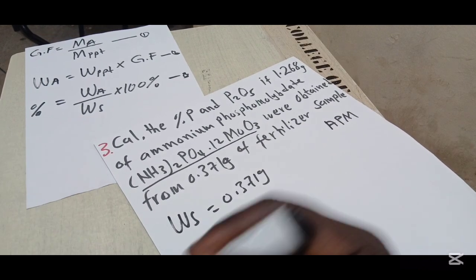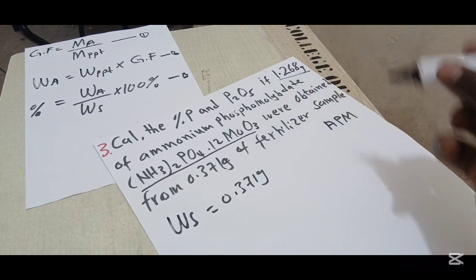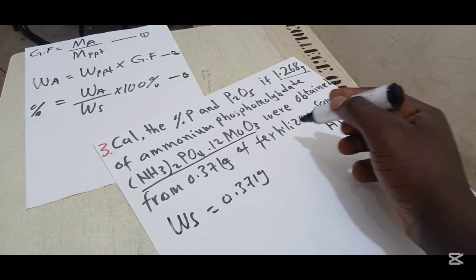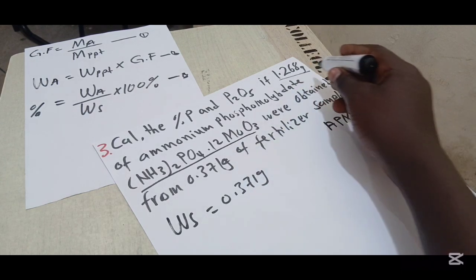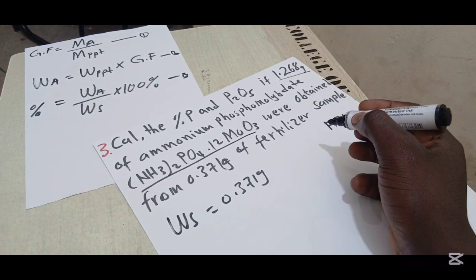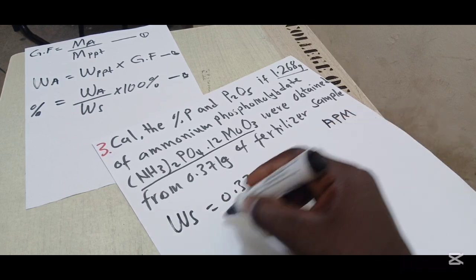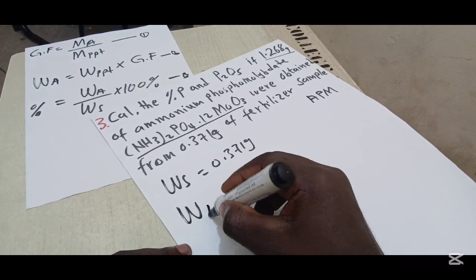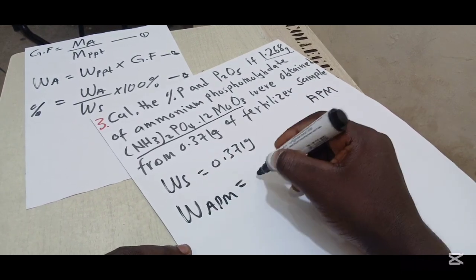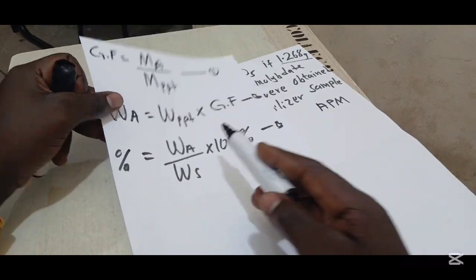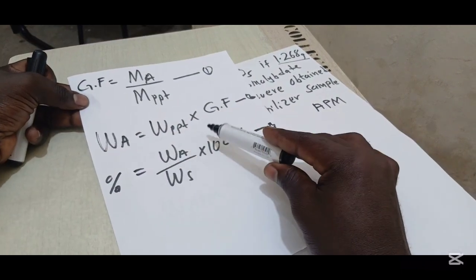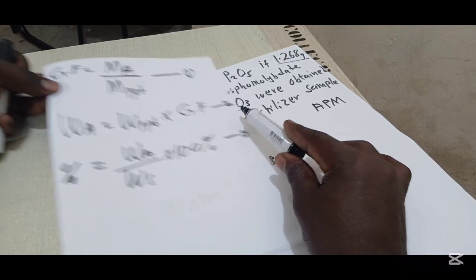One thing we've also been given is the weight of our precipitate, which is 1.268. So the weight of APM gives us 1.268 grams. And from our formulas, the weight of our analyte is going to be the weight of precipitate times the gravimetric factor.